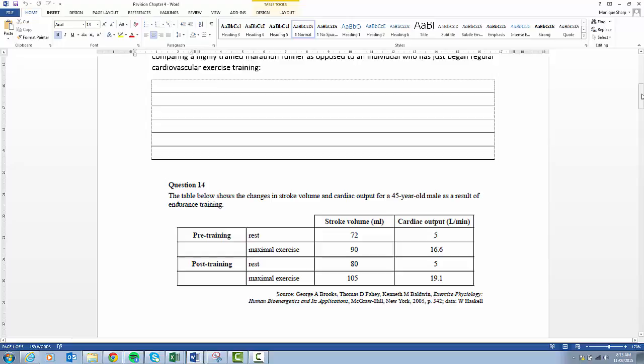The question combined chronic adaptations and acute responses. Cardiac output at rest was exactly the same pre- and post-training, so the stroke volume increased as a chronic adaptation while cardiac output stayed the same. During maximal exercise, cardiac output was greater post-training versus pre-training, which is what you'd expect due to the stroke volume. That's the chronic adaptation part.